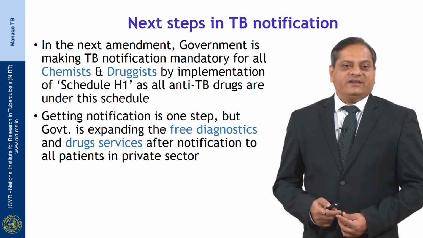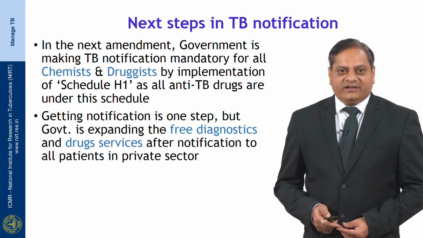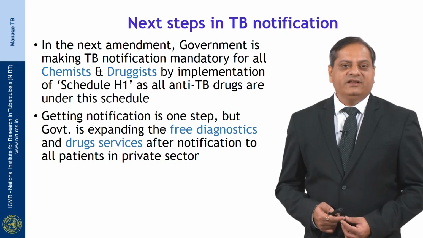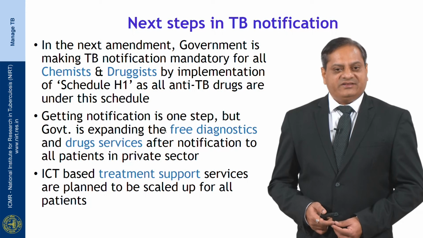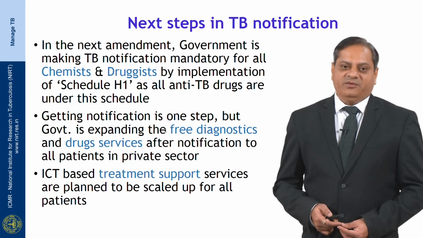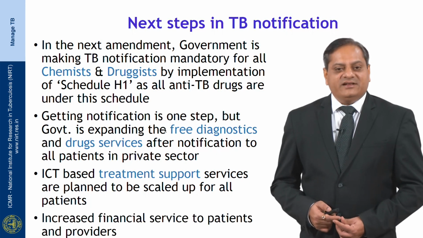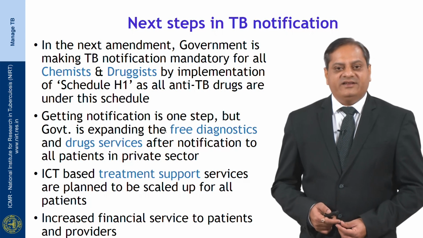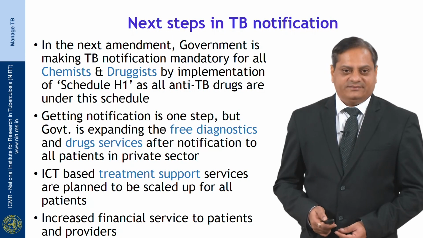Free diagnostics and free drug services are being expanded across the country, not just in the public sector, but for all TB patients in the private sectors if they are notified. ICT based treatment support services are planned to be scaled up for all TB patients. There are increased financial services to patients and providers as has been planned in the National Strategic Plan, which will be implemented from 2018 onwards.